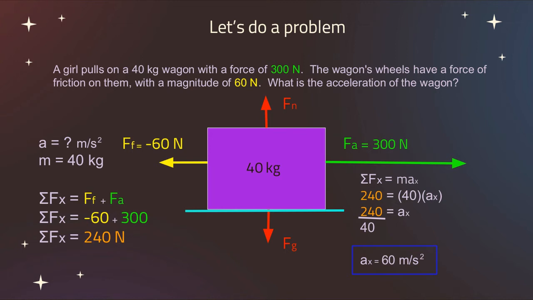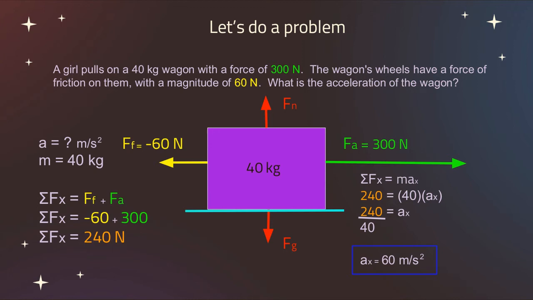The mass is 40. And we're going to list what the net force in the X direction is made up of. When we look at our diagram, we see that in the X component we have two forces, force friction and force applied. The sum of those two forces makes up our net force in the X direction.